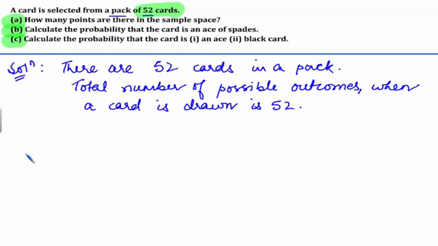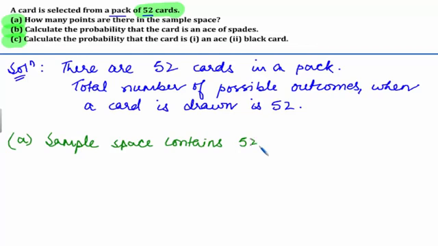Therefore, our answer to the first part is, sample space contains 52 points. Now let us proceed on to the second part.